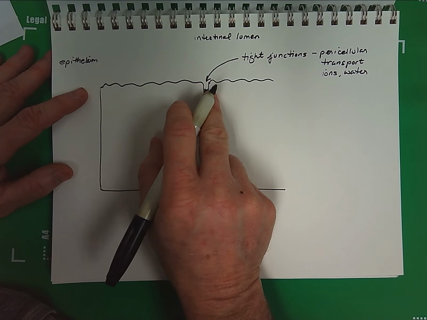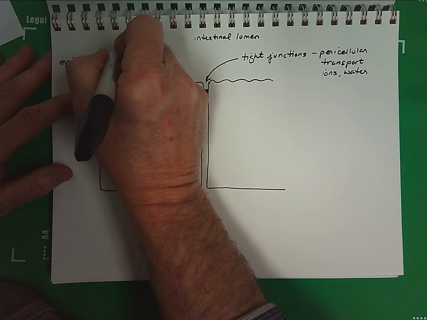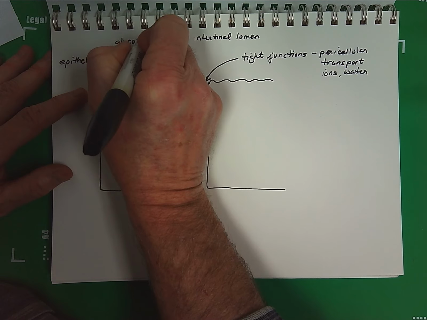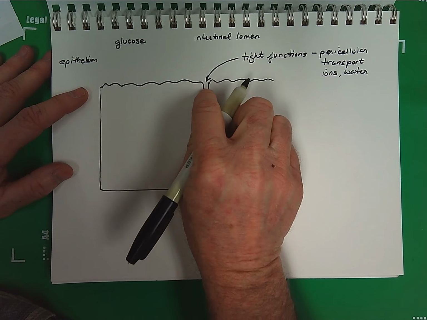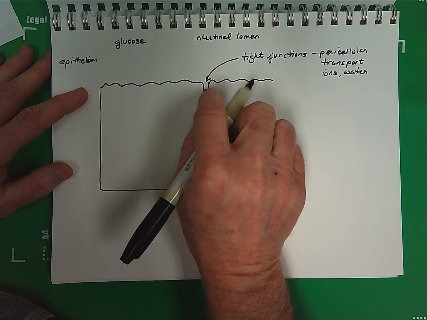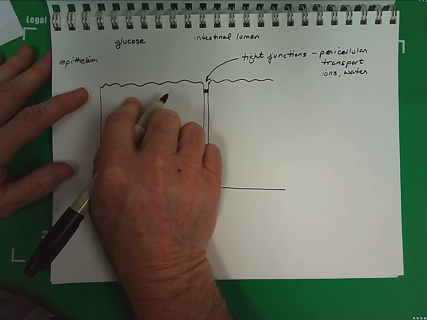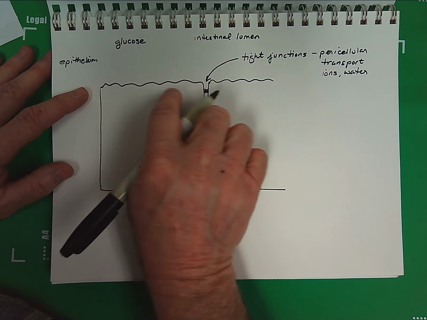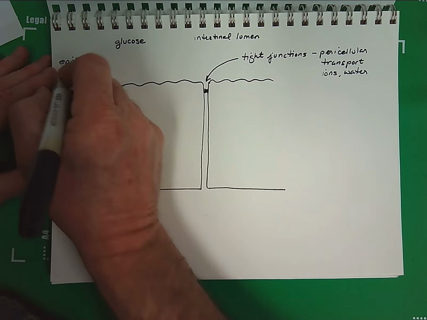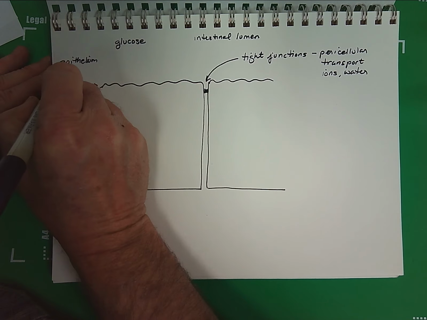Larger components, like our dietary molecules, for example glucose, are far too large to fit through these tight junctions. So they have to be taken up by a process that is requiring the cells. Now recall that the membrane of a cell is made up of lipids.